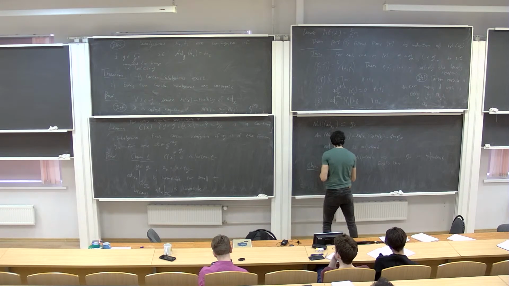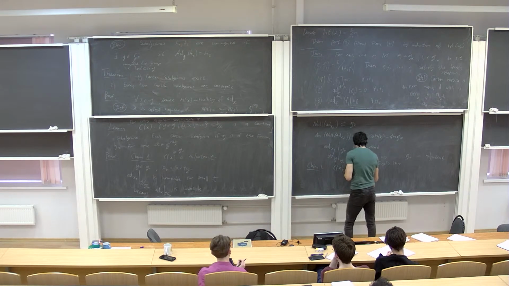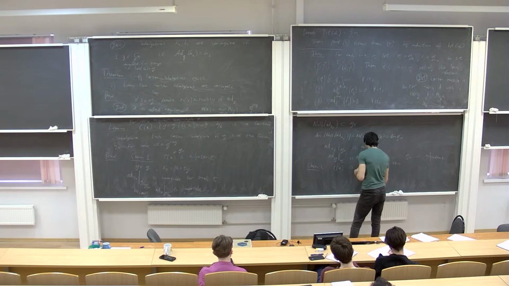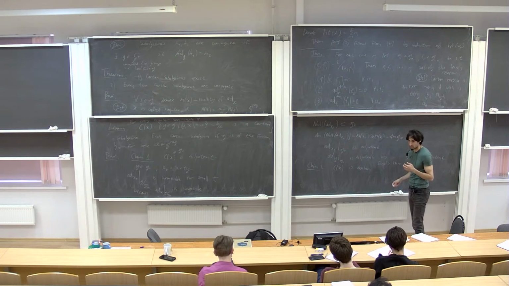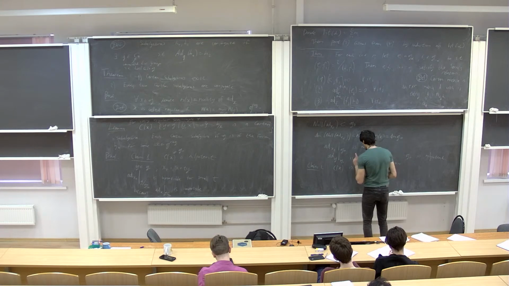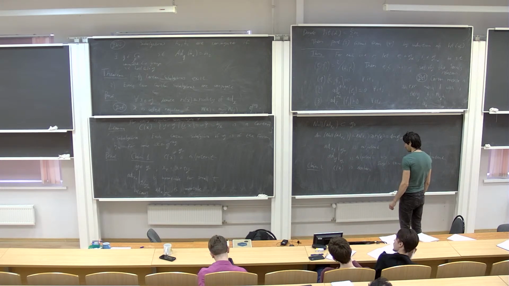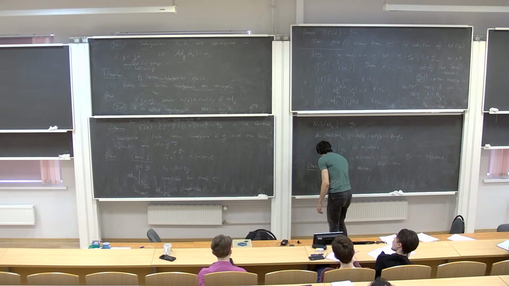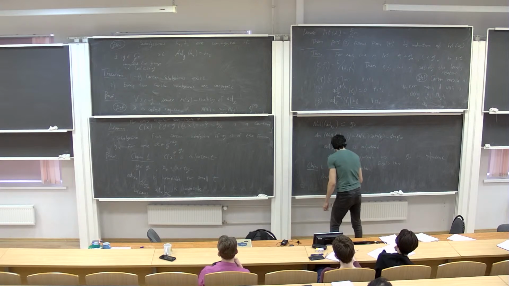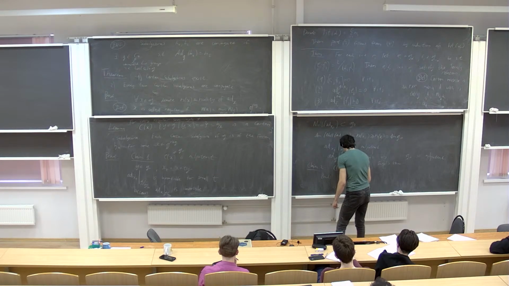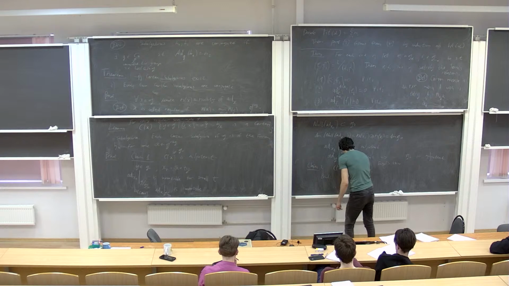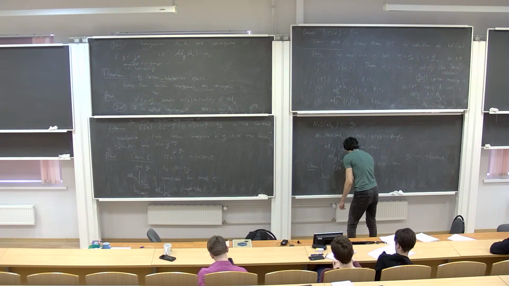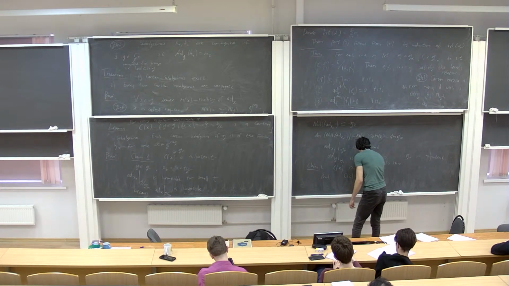But then claim 2 is that actually C of x is abelian. Why? Because of the following. For the proof of this claim, I need, so it's nilpotent, therefore it's solvable, so C of x coincides with its radical, right?